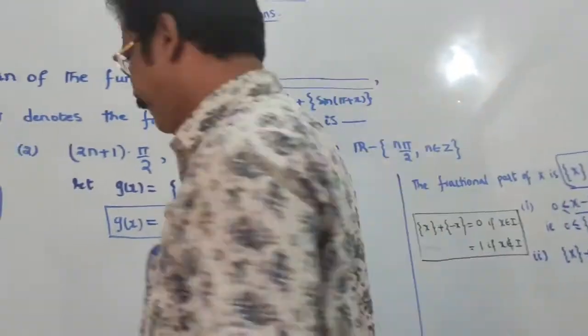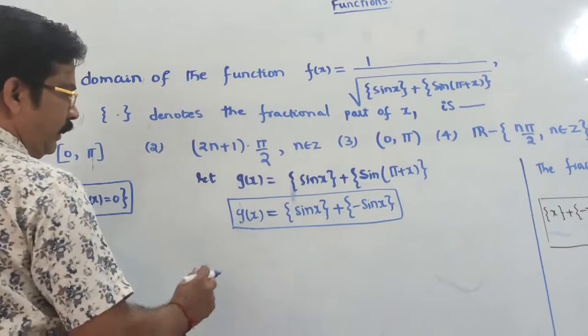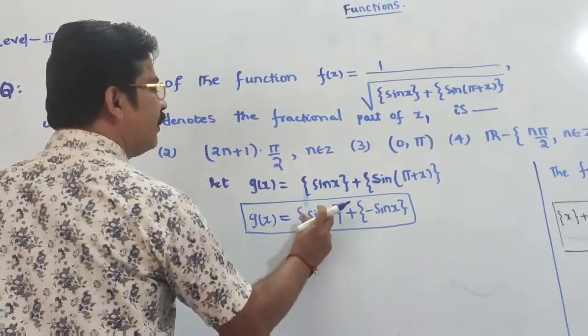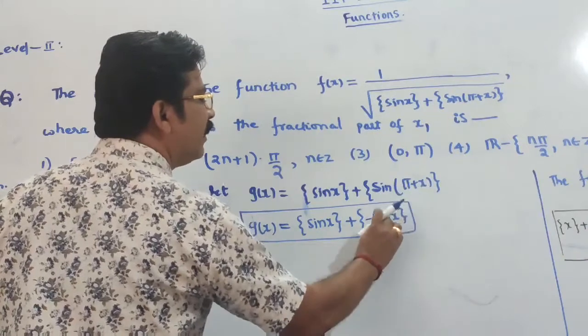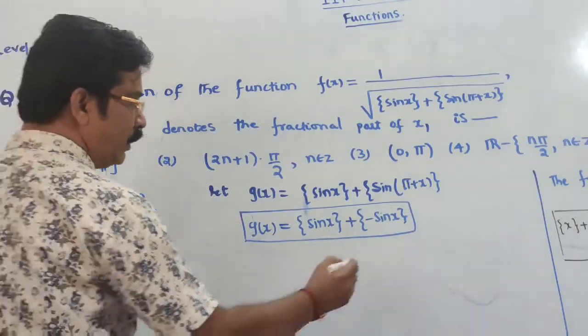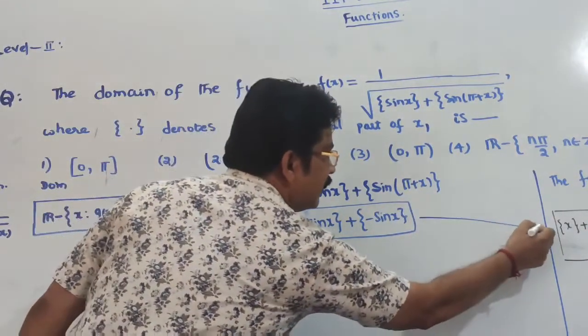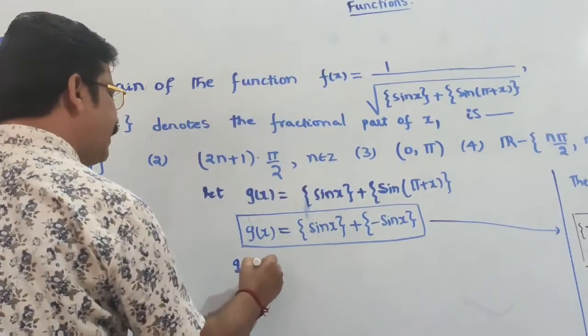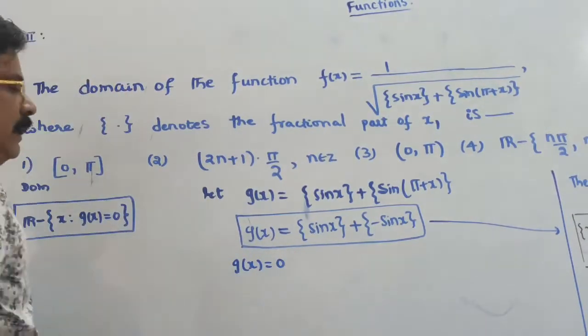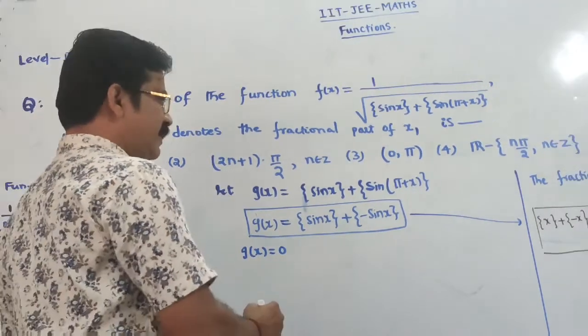Later you come here. So g of x equals fractional part of sin x plus the fractional part of minus sin x. So compare this function with this. Now we are finding the values of x for the equation g of x equal to 0.